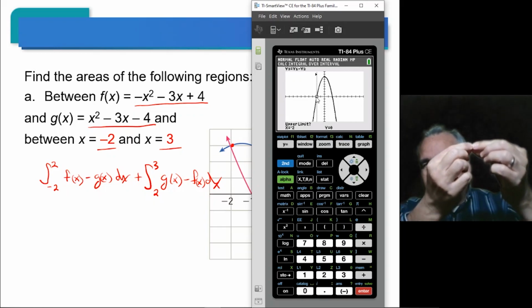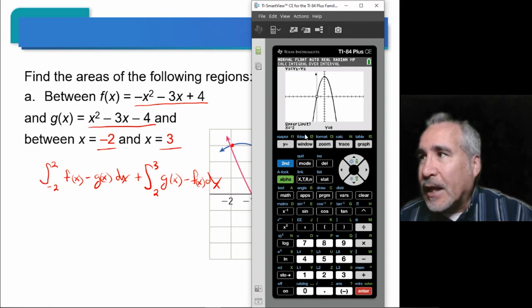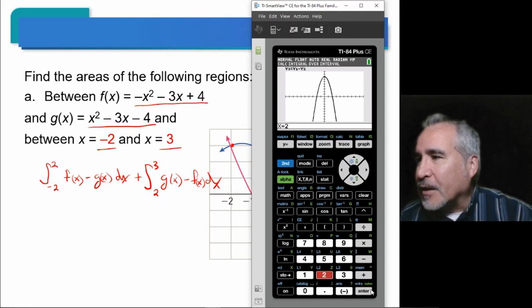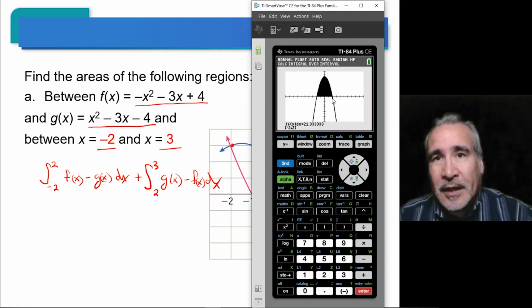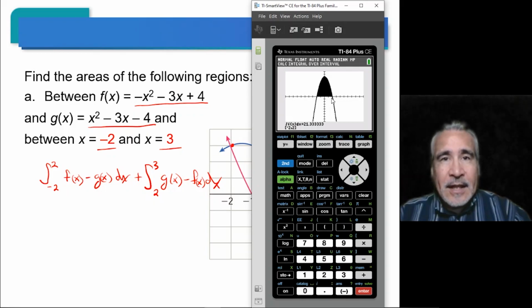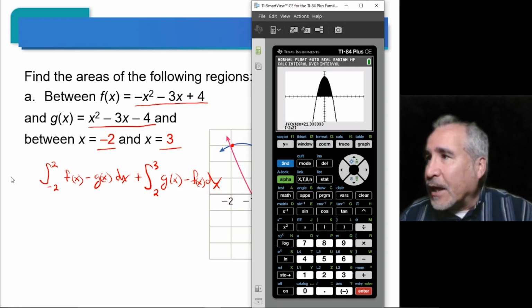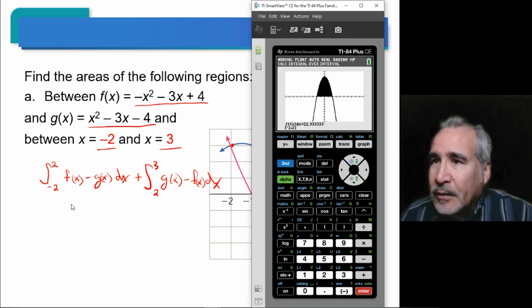So it was up here, but now it's down there on the x-axis. Kind of cool how math ends up working. And then our upper limit is 2. And watch this. 2 is right there. It's also an x-intercept, because when you subtract where they intersect, you get 0. And so now this first area is 21.333.